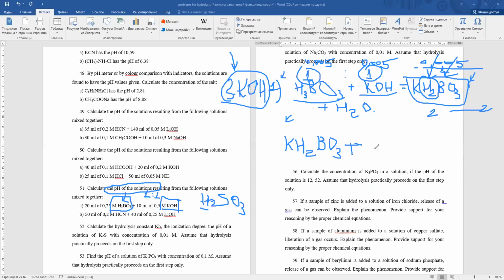Imagine they are attracted with water molecules, and it forms this one and the hydrogen cations. It's just two hydrogen cations.